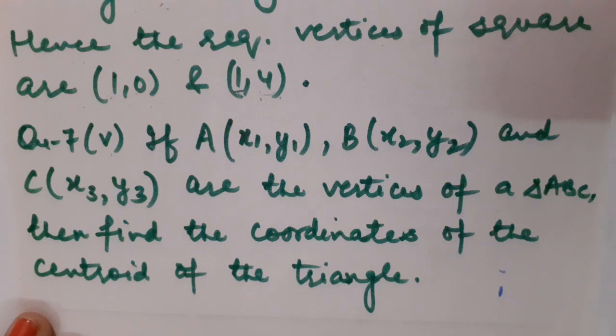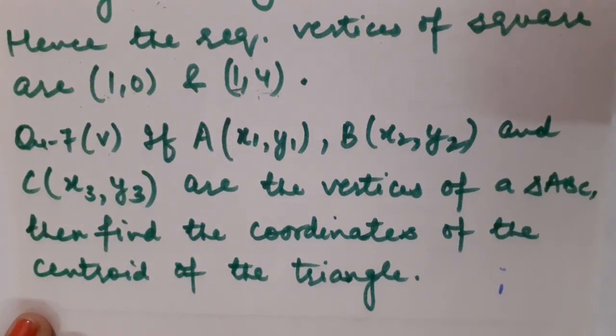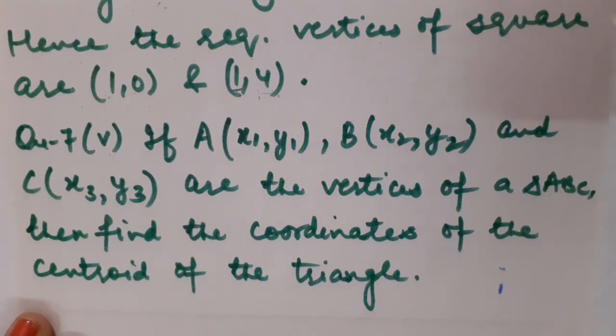In fact, it divides the complete triangle also in two equal areas, that I explained to you in my previous lecture. So suppose you have drawn all the 3 medians, and that very point where all the 3 medians meet with each other is known as the centroid of the triangle. Through the diagram you will better understand.